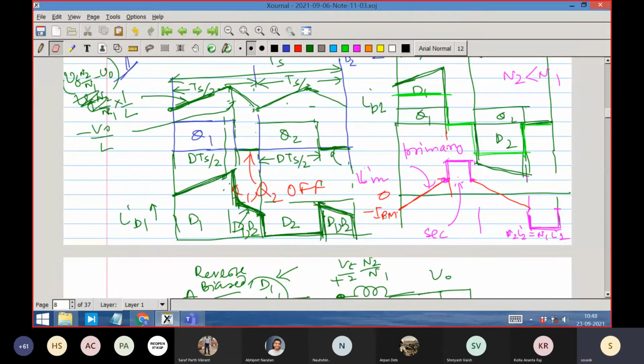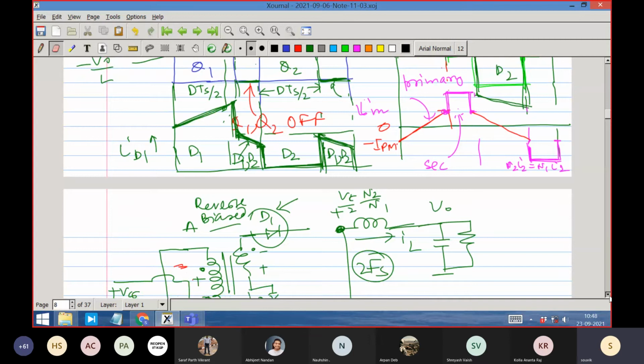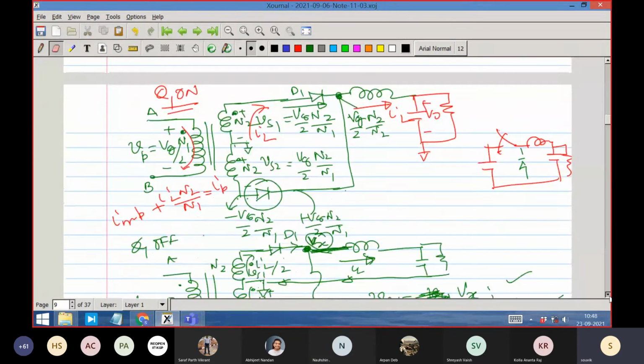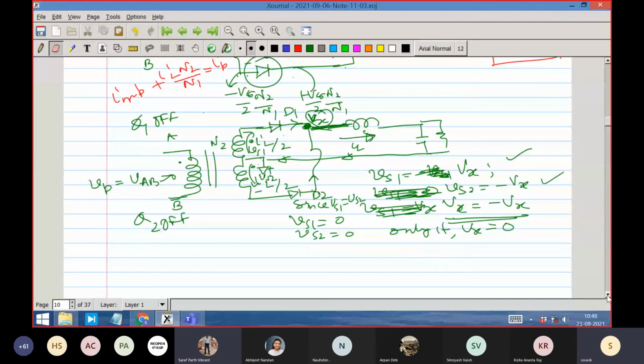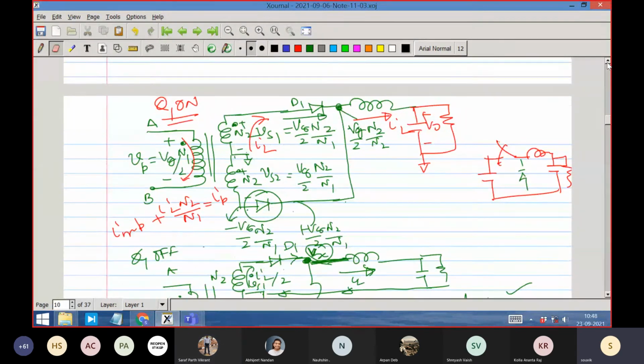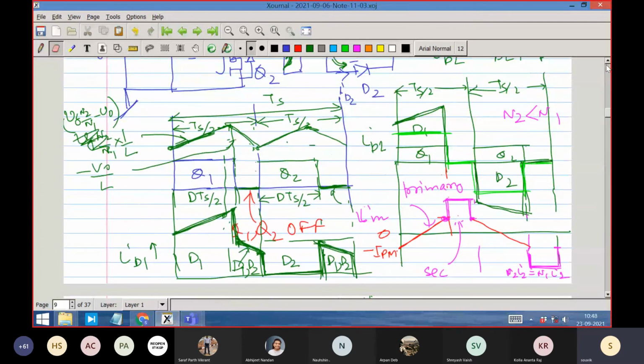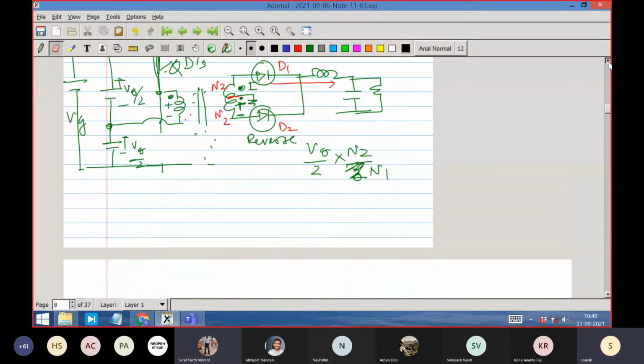Because what will be the actual transformer current? Somewhere I have drawn the load component of the current. Yes, IP plus IPM. Where is that? I had drawn the transformer current somewhere, above it only.